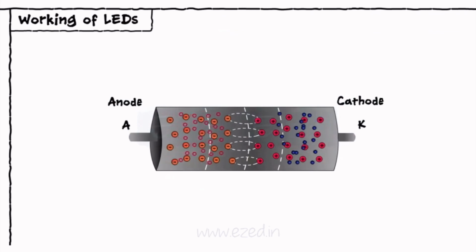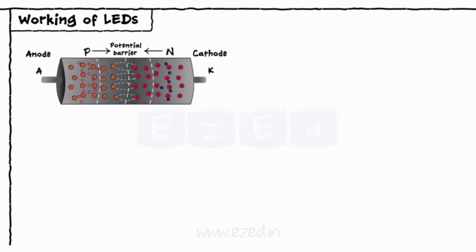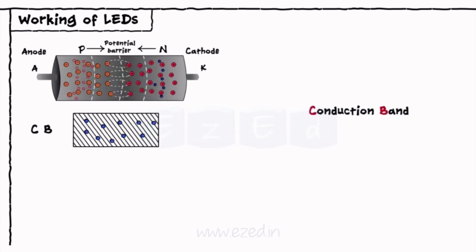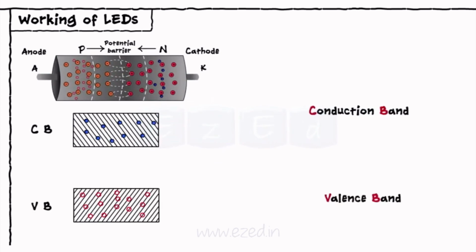When forward-biased, electrons from the N-type semiconductor material and holes from the P-type semiconductor material cross the potential barrier region and recombine in the active region. These electrons are in the conduction band and holes are in the valence band.